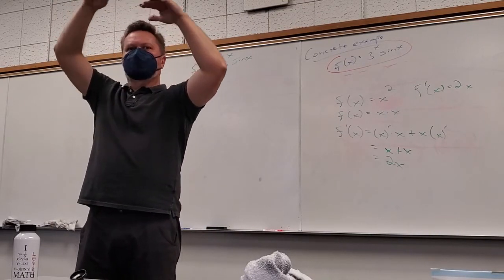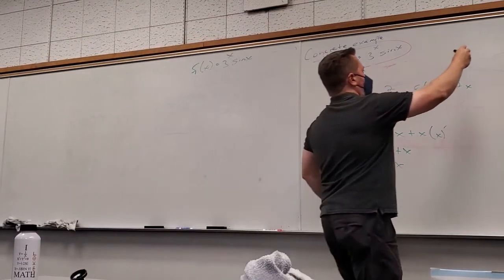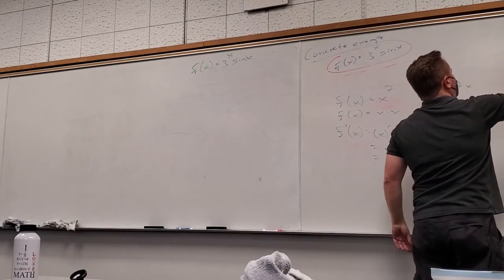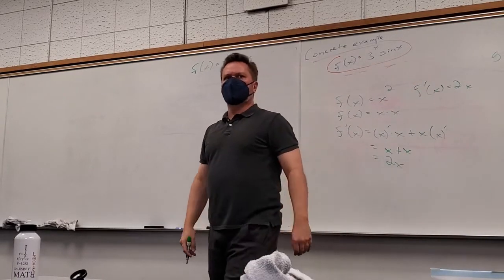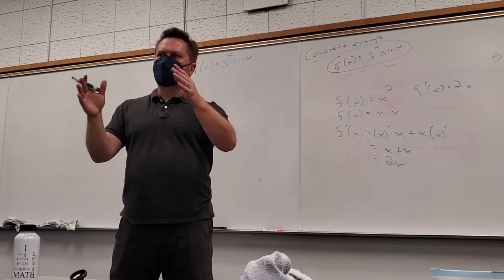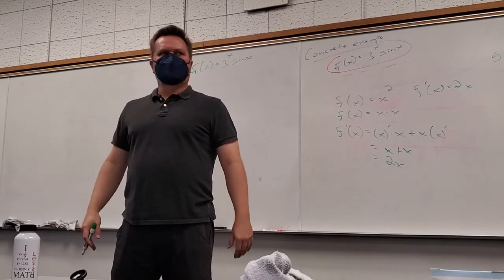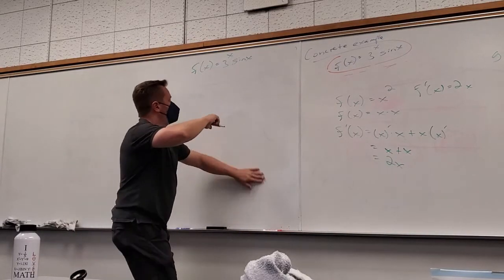And then the freakiest one we're going to work on is if I have a function inside of another function, the composition of functions. Of course we call that the chain rule, and you'll see why when we get there.